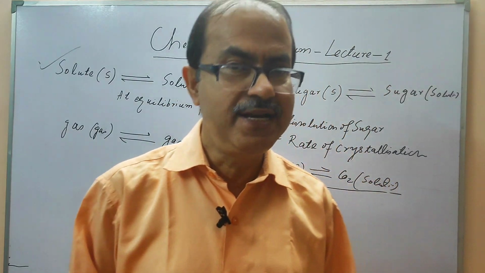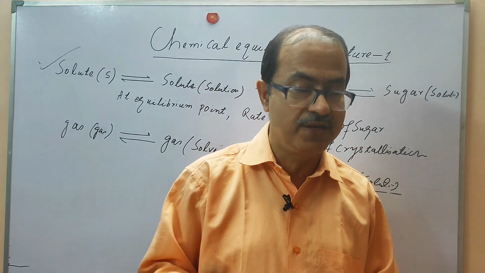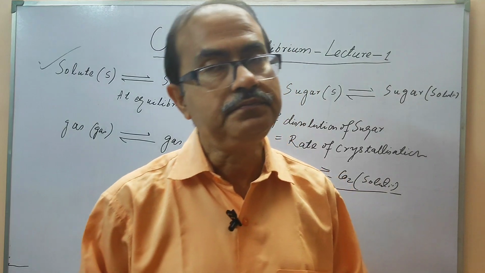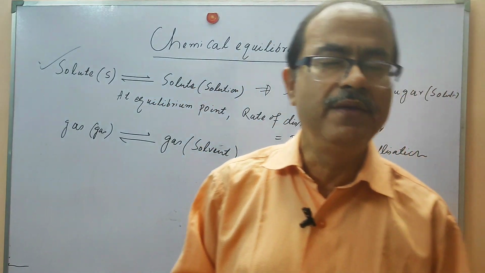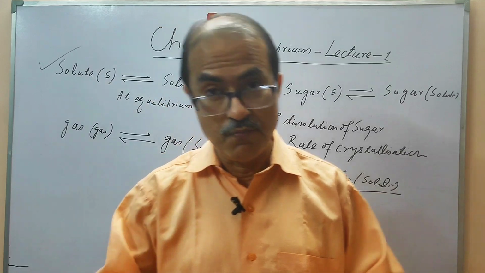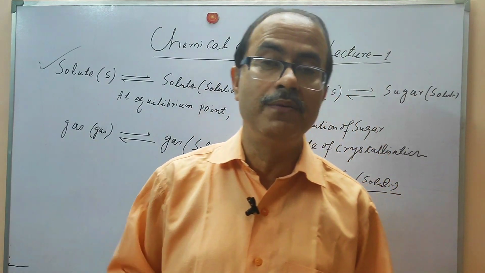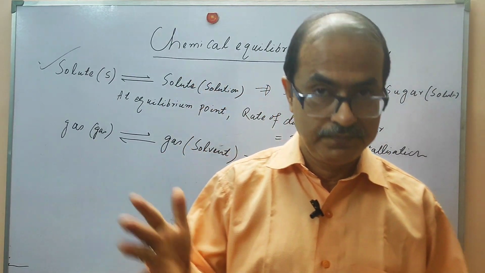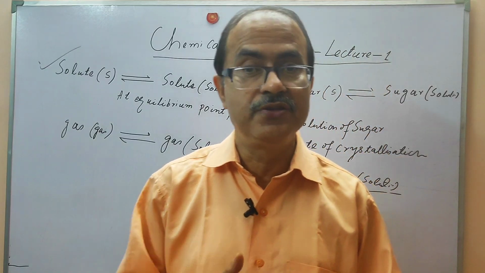The solubility of carbon dioxide is different at different pressures, and that is governed by one very basic rule that we will understand in much more detail in class 12, in the solution chapter. This is Henry's law.